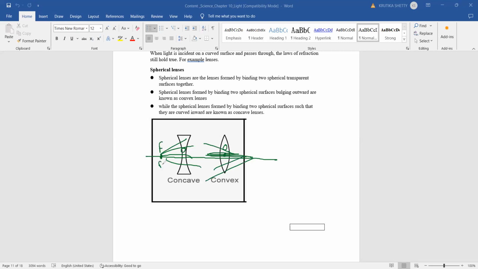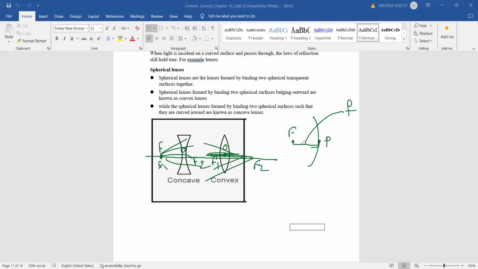Here also we have two principal foci. You have two centers of curvature, so there are two principal foci, F1 and F2. The last point is the focal length. What is the focal length in the case of a mirror?